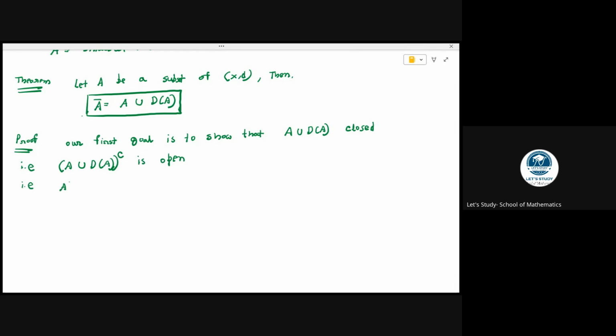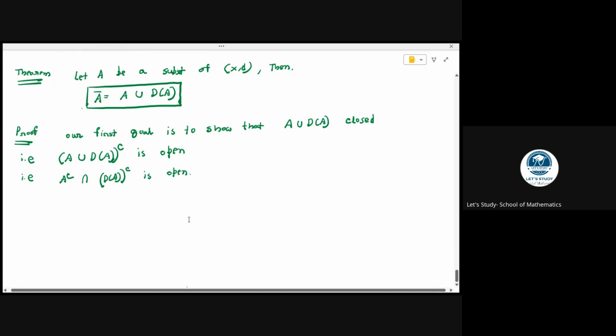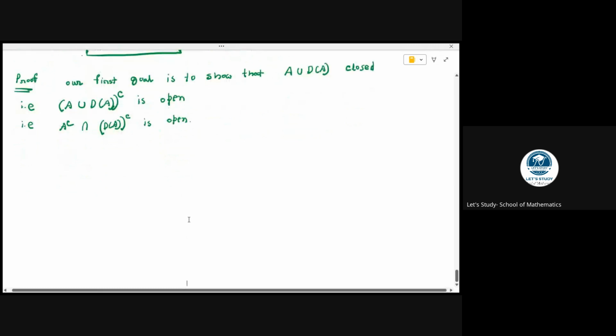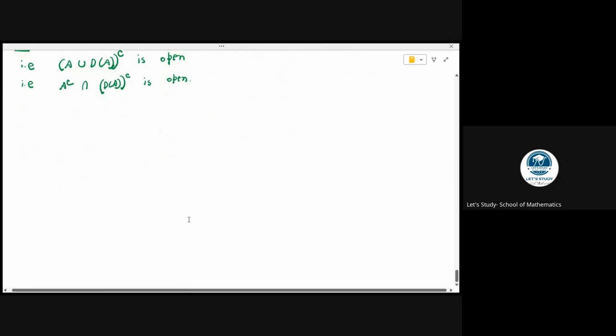That is, A complement intersection DA complement is open. So we'll start like that.